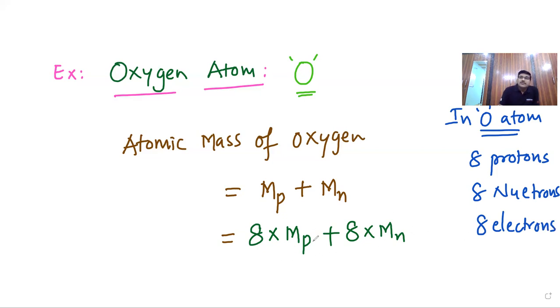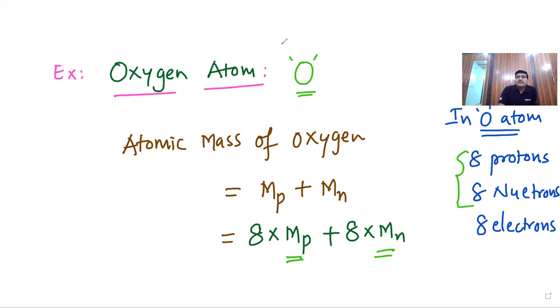In the nucleus, only protons and neutrons were considered. Hence, mass of 8 protons, mass of 8 neutrons. Clear? Now, what is the mass of 1 proton?